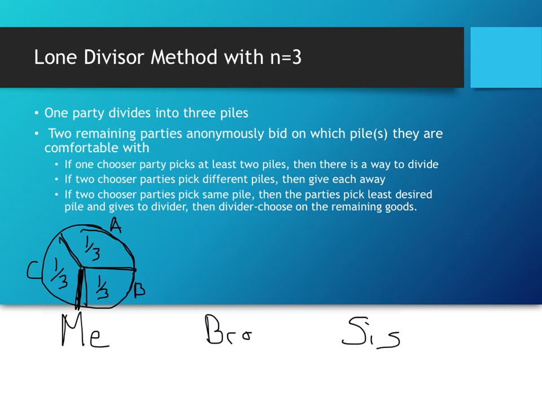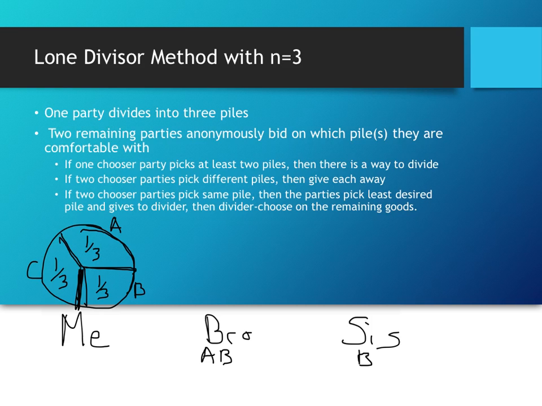Okay? And it turns out the vast majority of the times, what's going to happen is the brother is going to pick, let's pretend the brother picks 2 piles. The brother picks A and B. Now, if the sister picks anything, all right, let's pretend the sister picks pile B, then what we can do is we can give the sister pile B, and obviously the brother therefore will get pile A. Remember, the brother said pile A is worth at least 1/3 of the total.